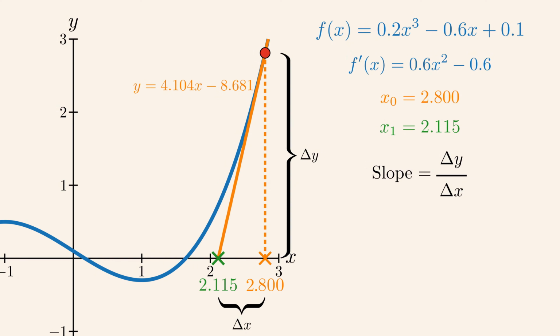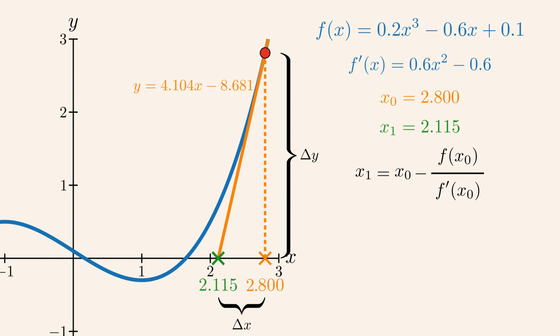And at this red point, this slope is the derivative evaluated at x0. Here, delta y is simply the value of the function at x0, and delta x is the difference between the two x values. Now let's rearrange this equation by moving these two terms around. Then we isolate x1 on the left-hand side.